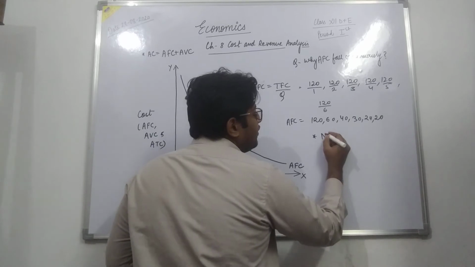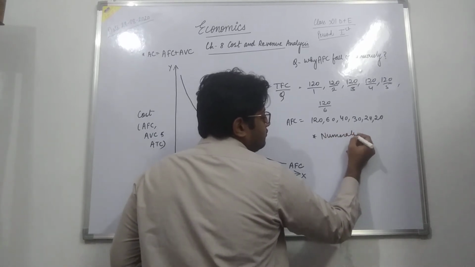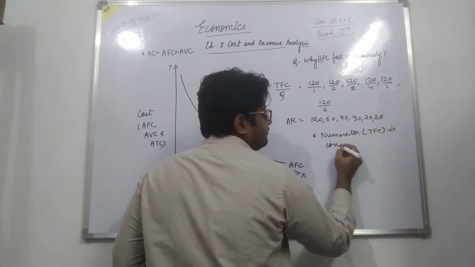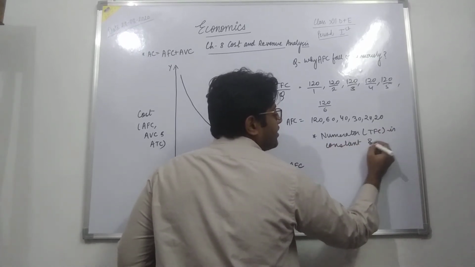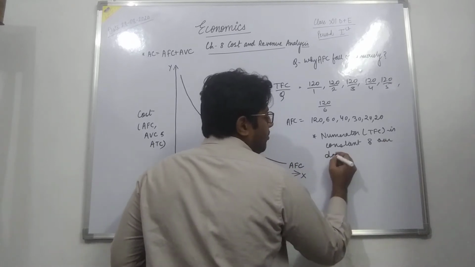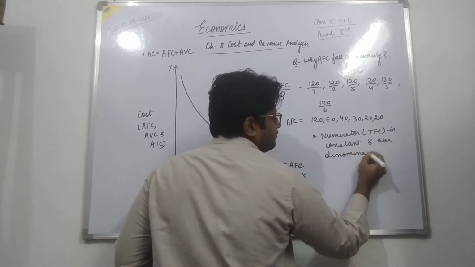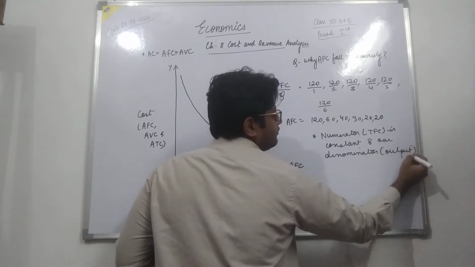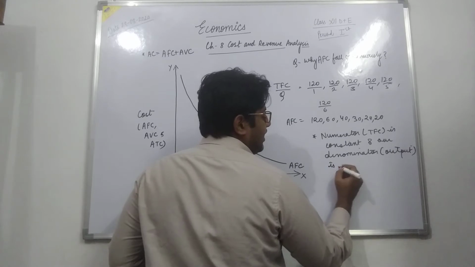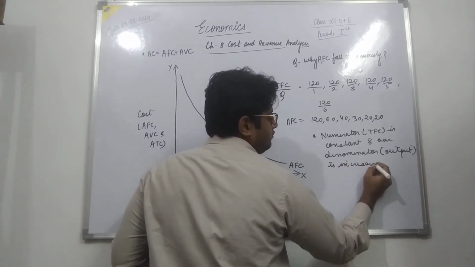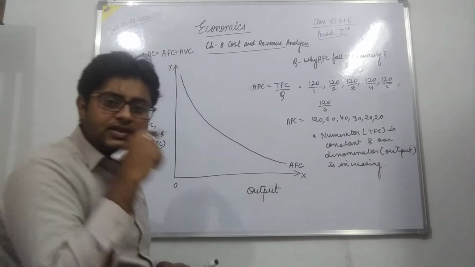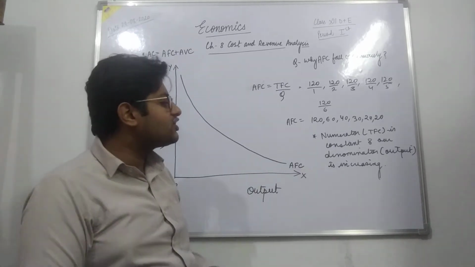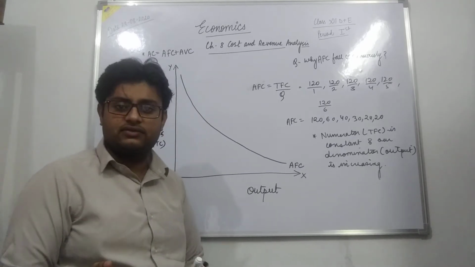The numerator, that is the total fixed cost, is constant, and our denominator, that is the output, is increasing. Then naturally the average fixed cost will fall because my numerator is constant and my denominator is increasing.